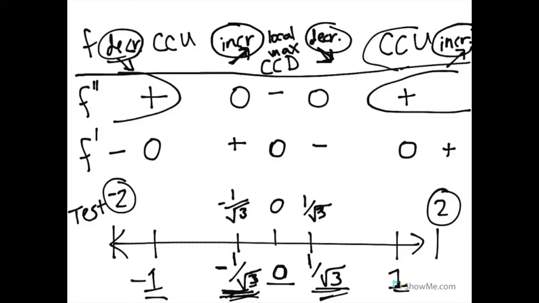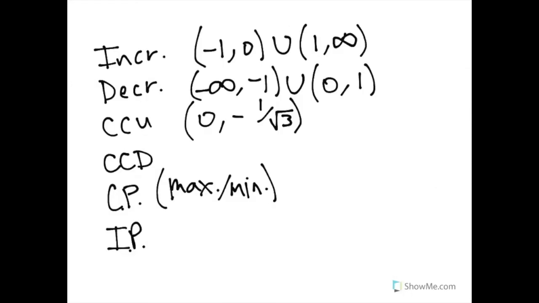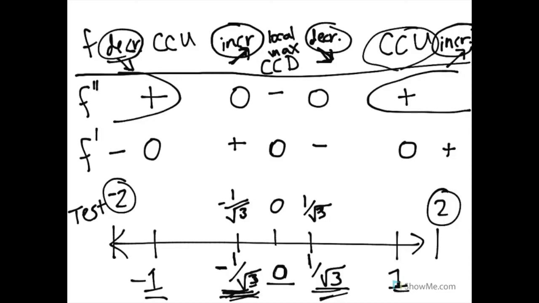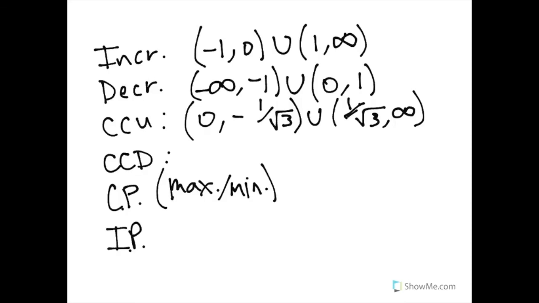And then it also looked like concave up on the last interval, from 1 over the square root of 3 up to infinity. And then this is concave down in between, from -1 over the square root of 3 up to 1 over the square root of 3.